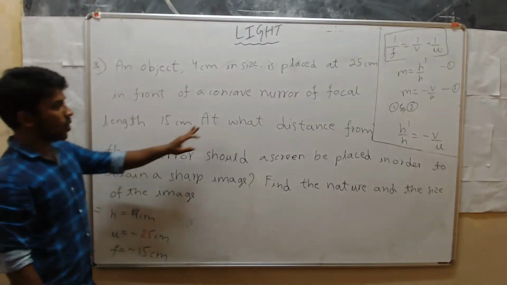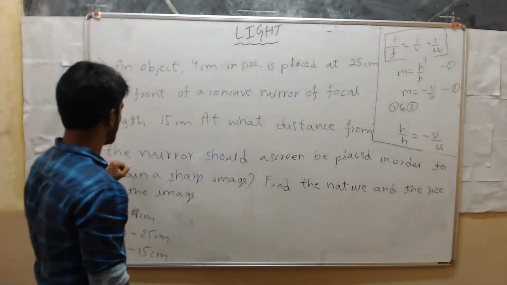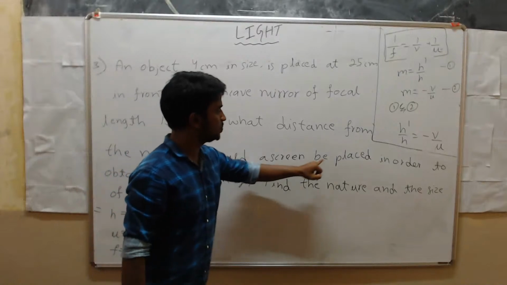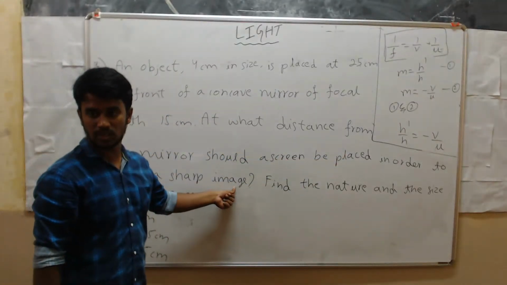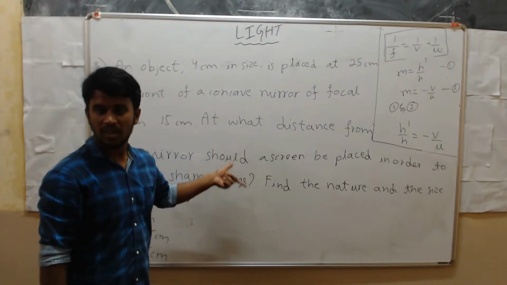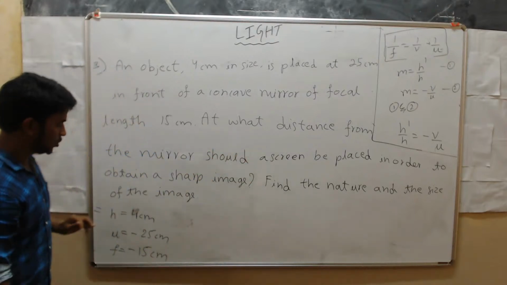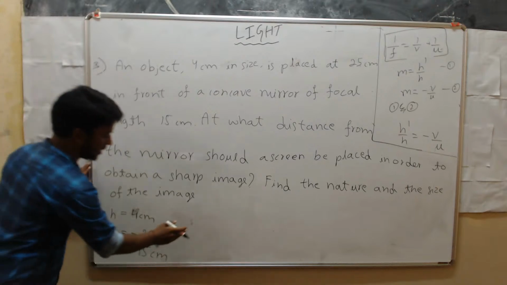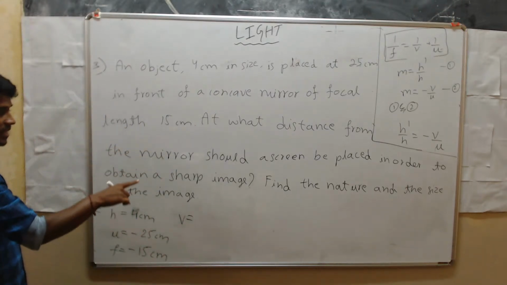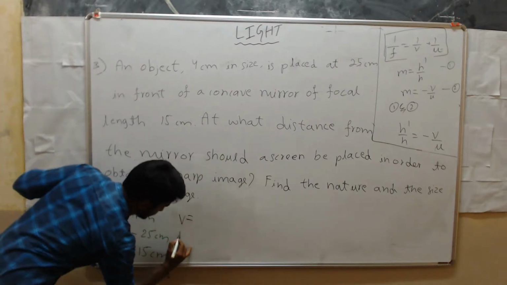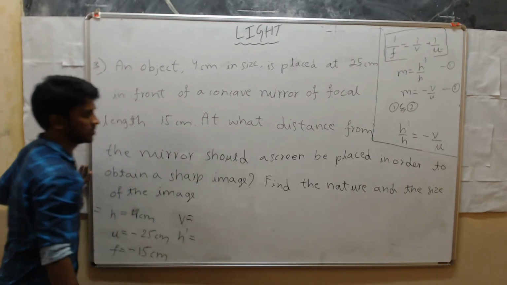Next, at what distance from the mirror should a screen be placed in order to obtain a sharp image? What is the meaning of this statement? Simple, here we need the position of the image or image distance, that is v. Then find the nature and size of the image. Size of the image is h dash.